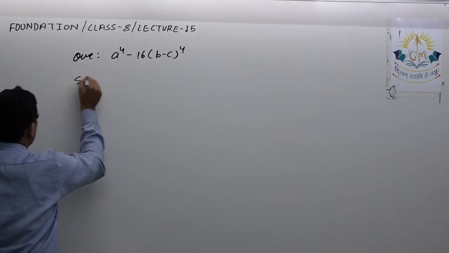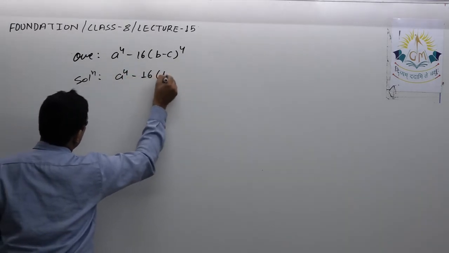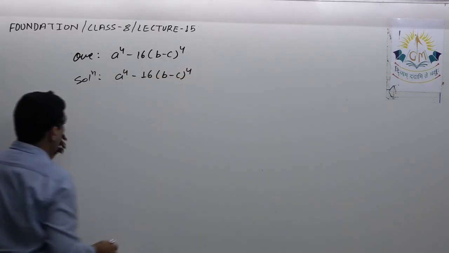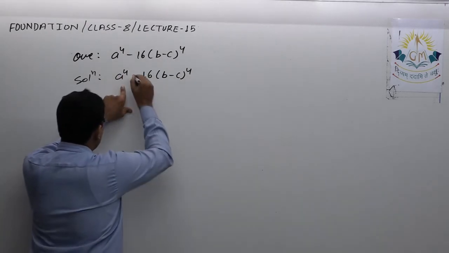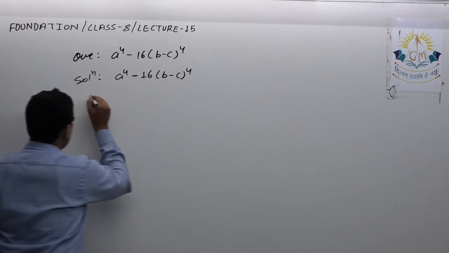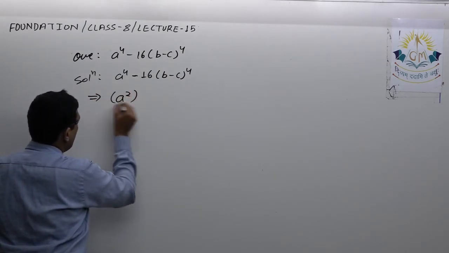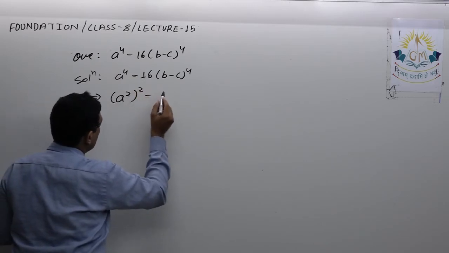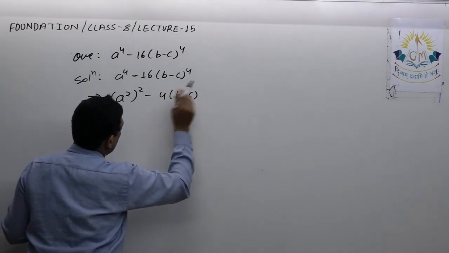Okay, so let us see how to solve this. a raised to 4 minus 16 b minus c raised to 4. So over here definitely again these two are complete squares, so I just have to write them in that form. Here it is a square whole square minus, here I can write 4 into b minus c.